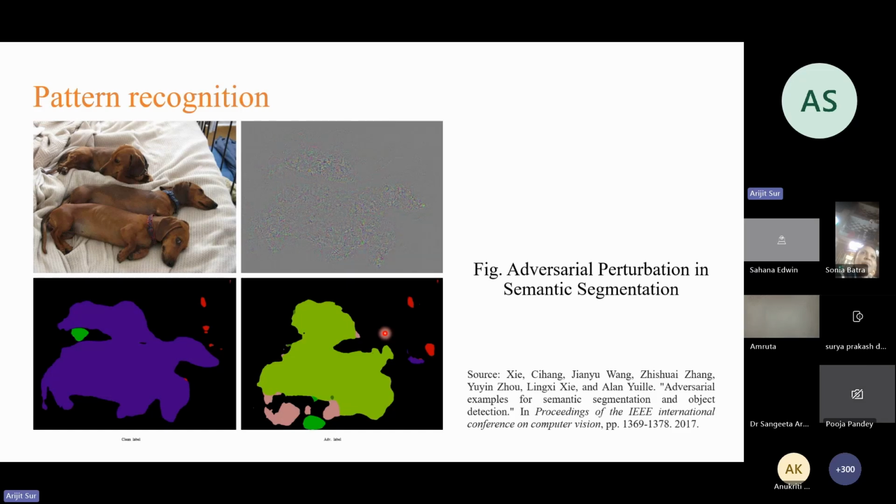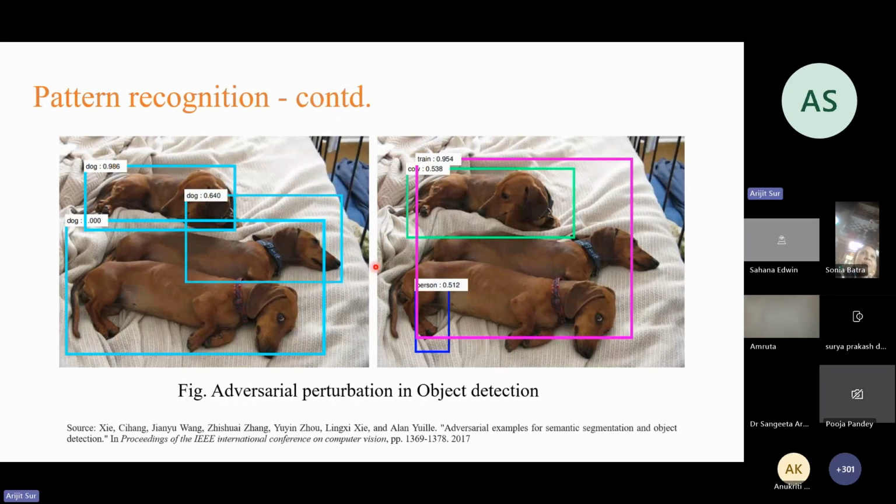Here you can see a pattern recognition example, and this is semantic segmentation. This is some benign semantic segmentation. But you can see here this is semantic segmentation.